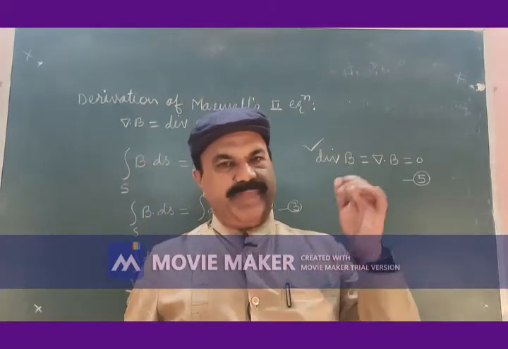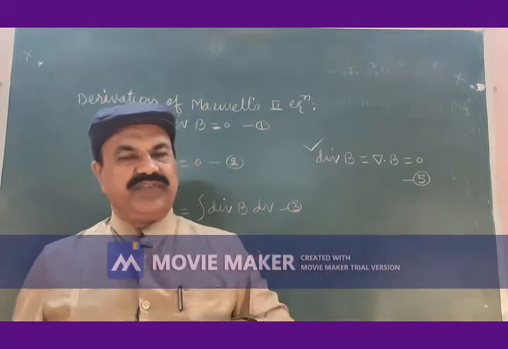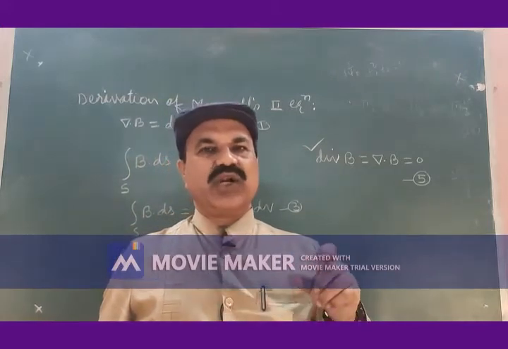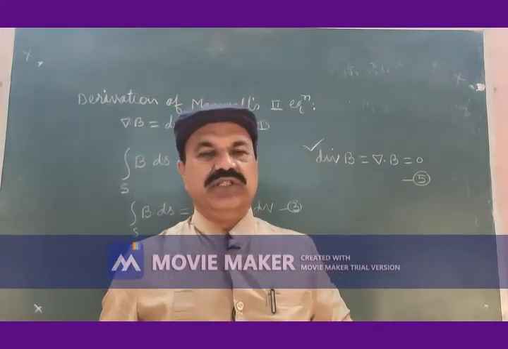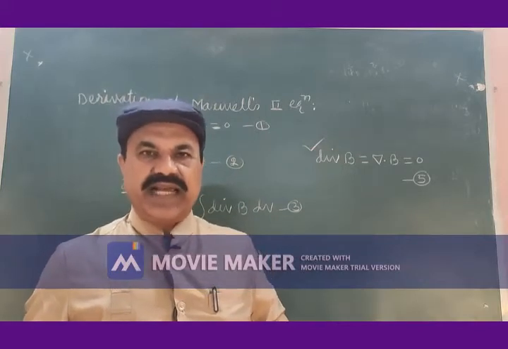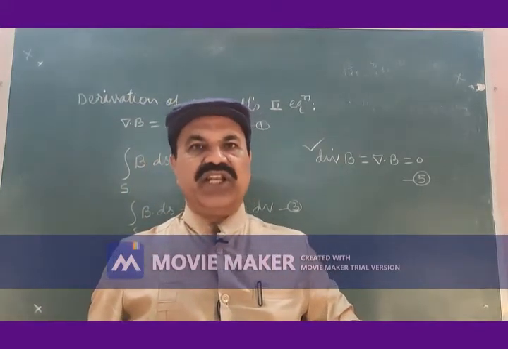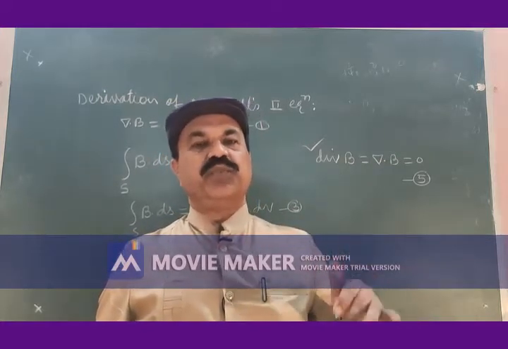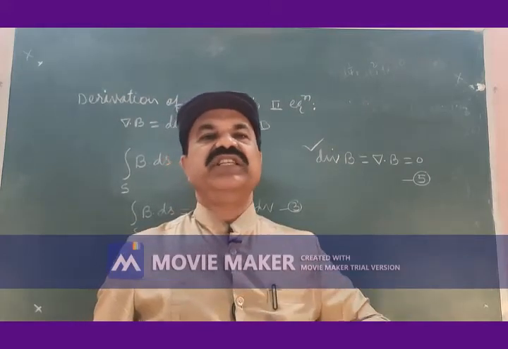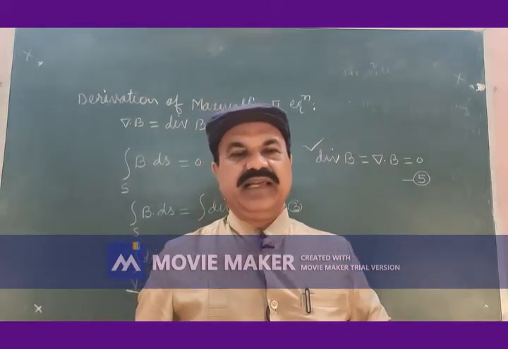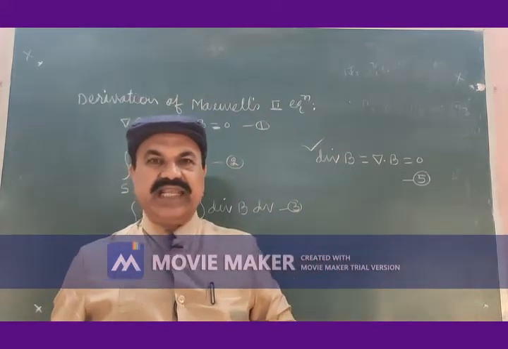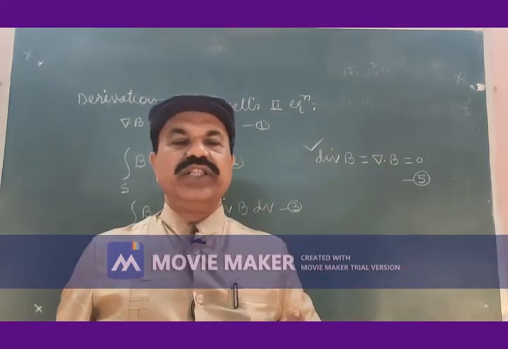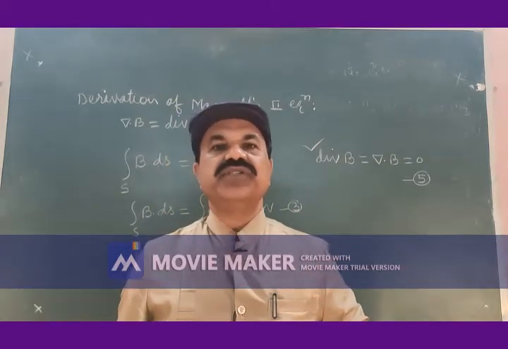Let me repeat the whole thing in brief. Isolated poles are not possible in our physical world. As isolated poles are not possible, magnetic currents due to these poles have no physical significance, and the consequence is the lines of force either go up to infinity or form closed curves.